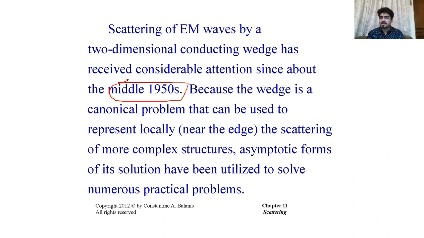So Joseph Keller contributed much of this work in the 1950s, and many of the solutions were created in the 1950s, and later in the 1960s and 70s they were actually implemented and used in practical applications. So again, much of that work was done by J.B. Keller.